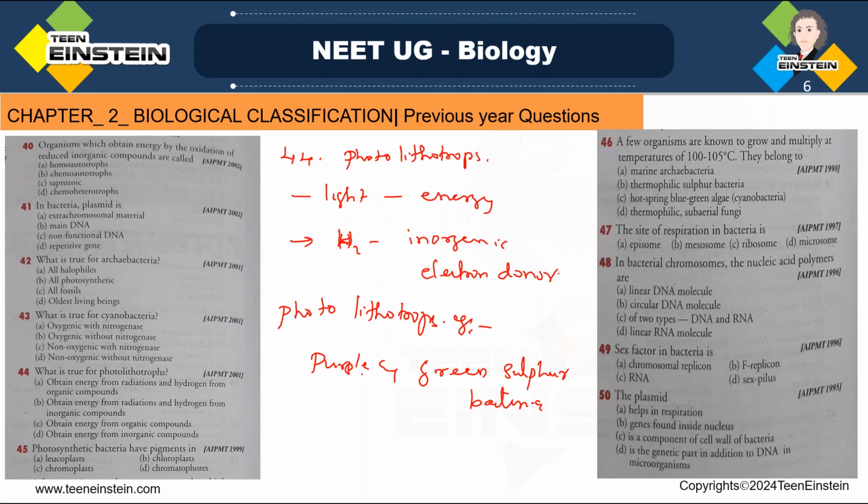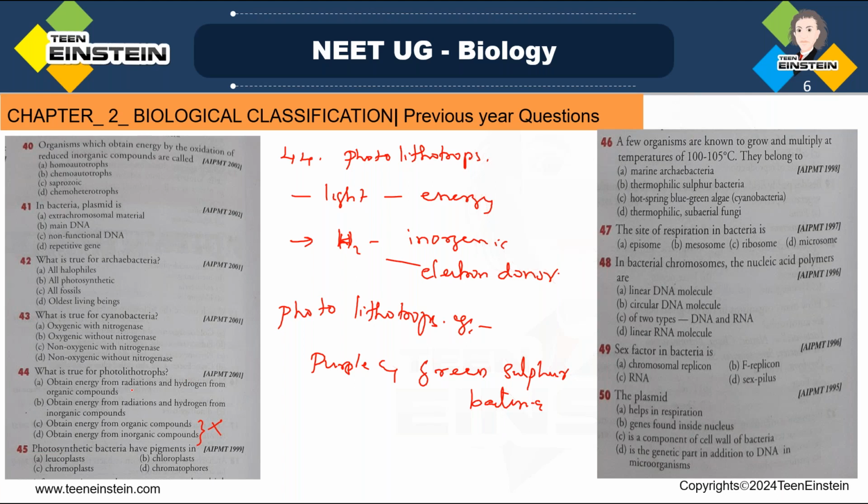Here we said the organic or inorganic compound works as the electron donor, the provider of electrons. So options three and four we can cancel. Then we can go for options A and B.